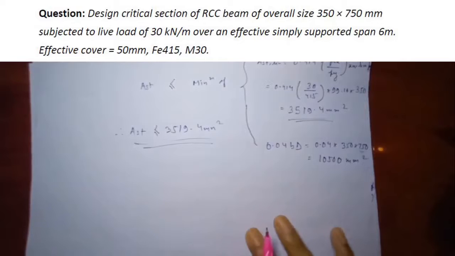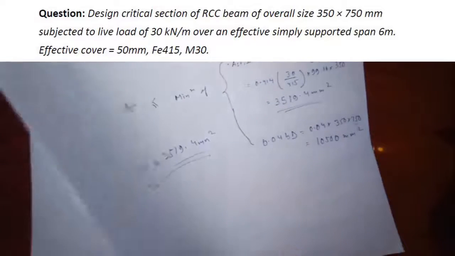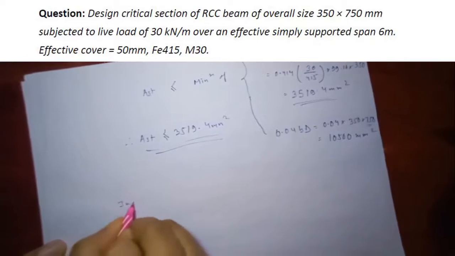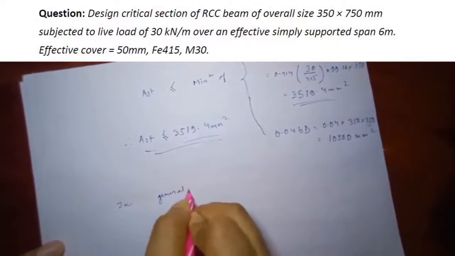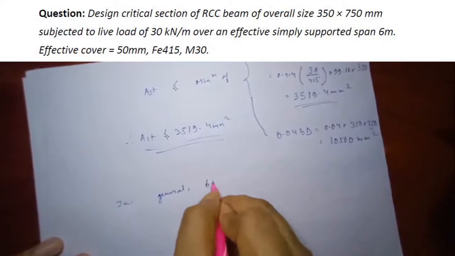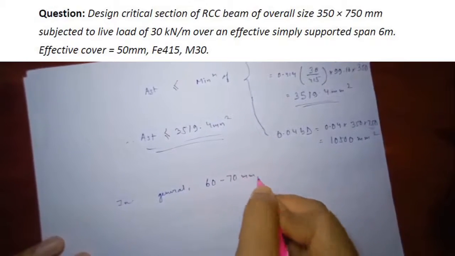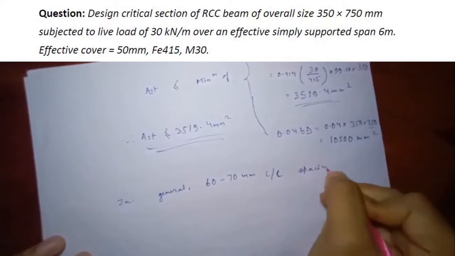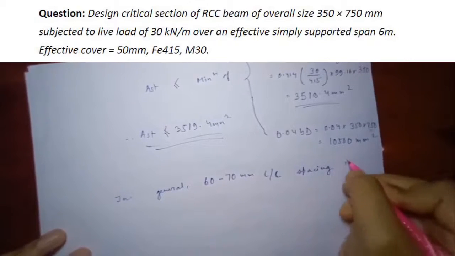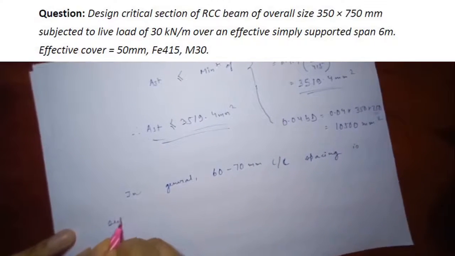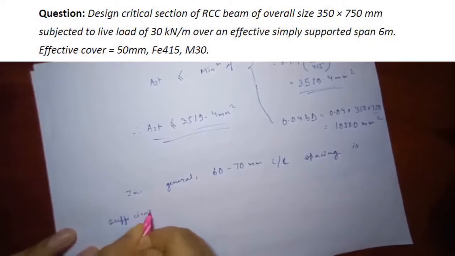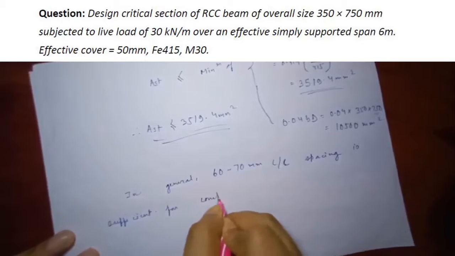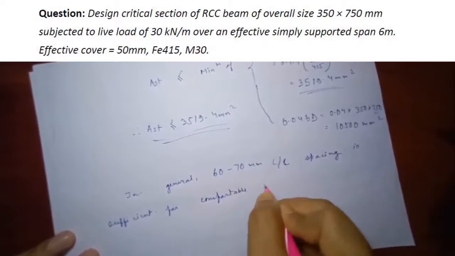So I will write one line that in general 60 to 70 mm center to center spacing is sufficient for comfortable concreting.